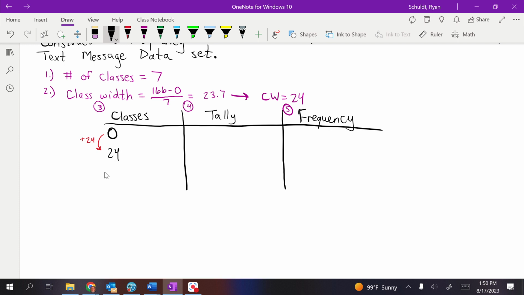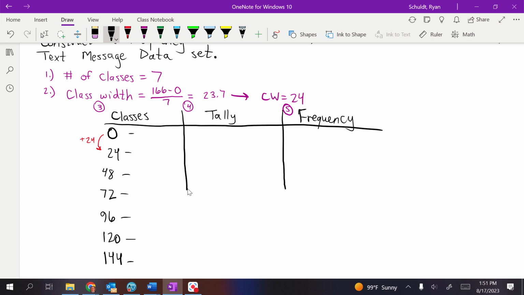Plus 24? Plus 24? Plus 24? Plus 24? 120? Am I at the 7 classes yet? I need one more, so plus 24 again. Okay, so those are all my lower limits.